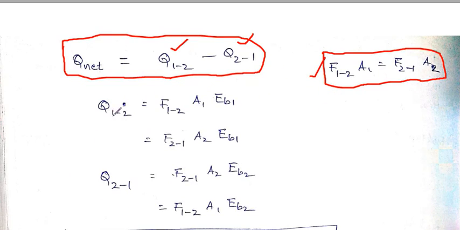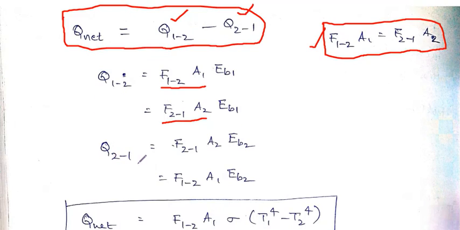So Q1 to 2 can be written as F1 to 2 A1 Eb1. Since F1 to 2 A1 is equal to F2 to 1 A2, it can also be written as F2 to 1 A2 Eb1. Similarly, Q2 to 1 is F2 to 1 A2 Eb2, which can also be written as F1 to 2 A1 Eb2.